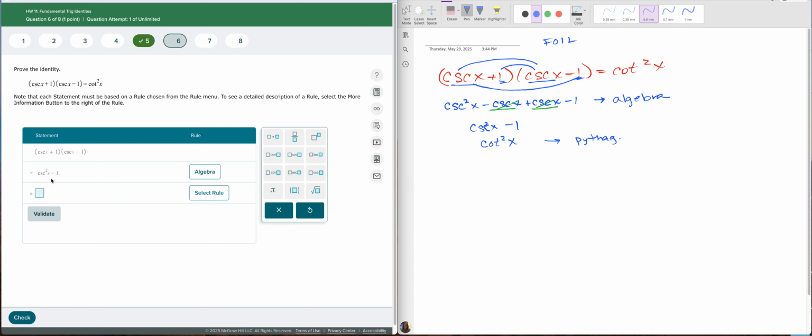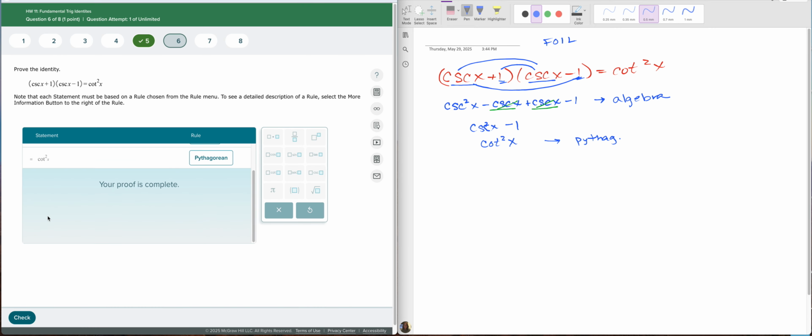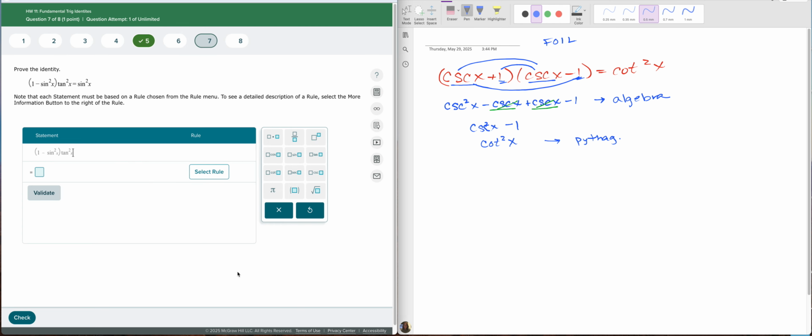Now I know that that is equal to cotangent squared x, because that's a Pythagorean identity. So let's hit that, and that's all we've got to do. Then we would hit check and go on. Of course, these can vary in level of difficulty, so we can take a look at another one. We'll do one more.